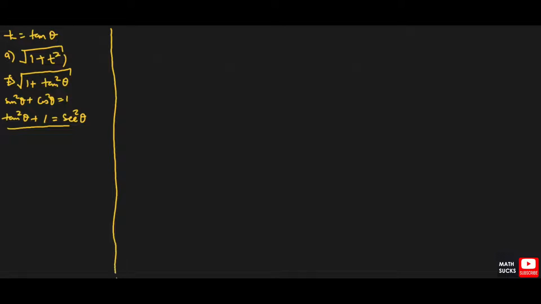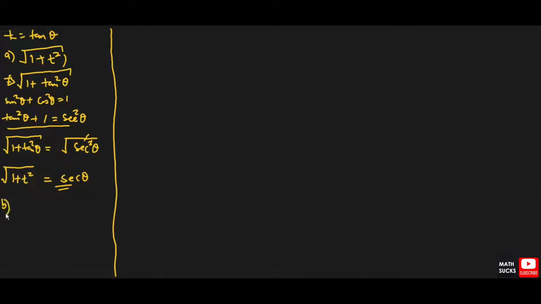So 1 plus tan squared theta is equal to the square root of sec squared theta, and the square will go with the square root, and so this means that 1 plus t squared is equal to sec of theta. That's the first part.